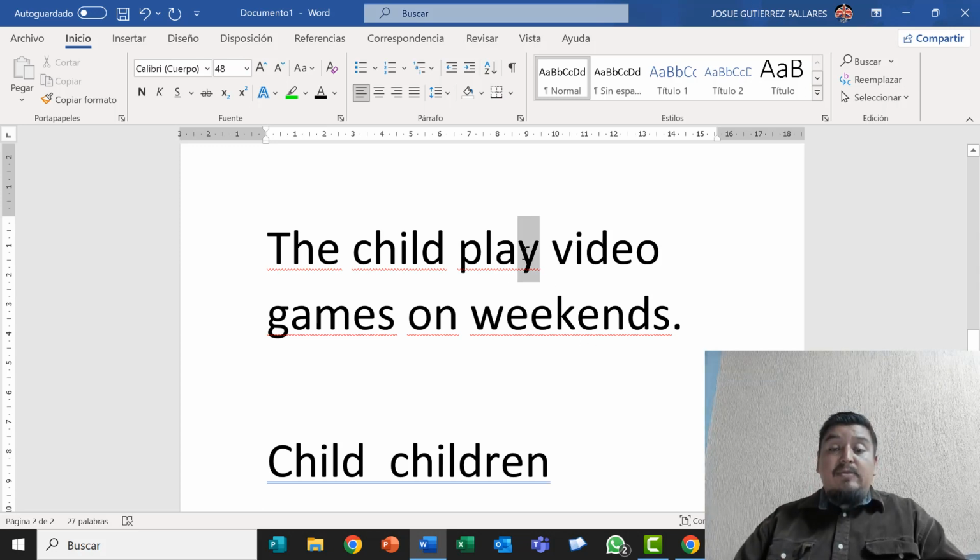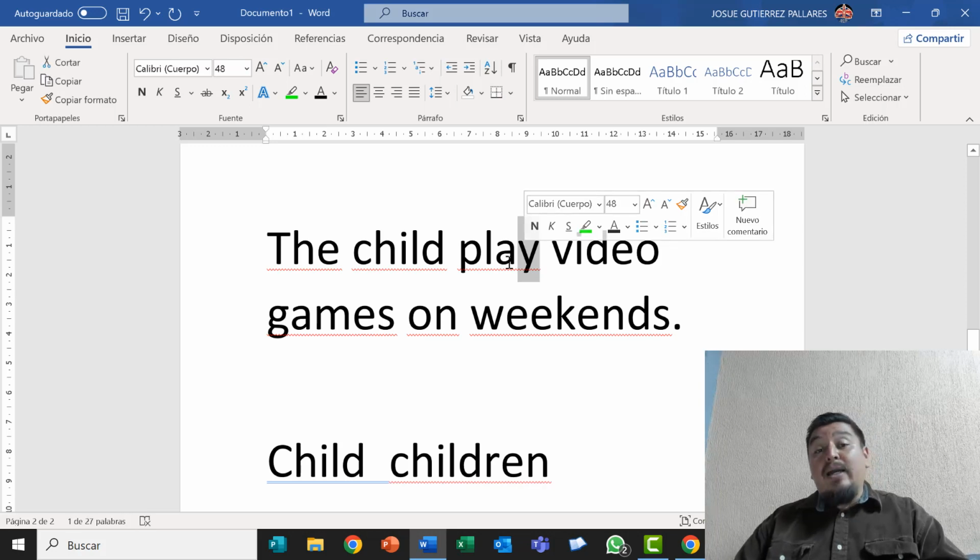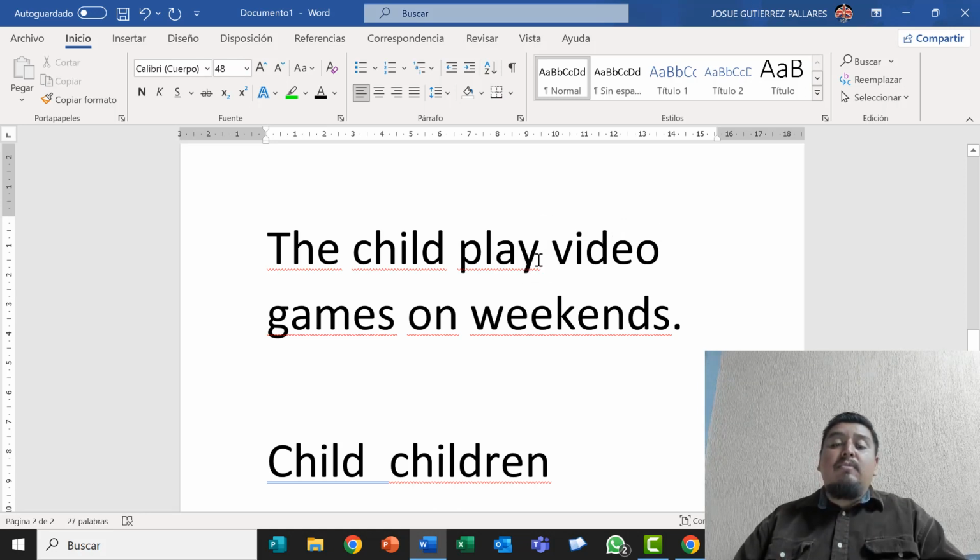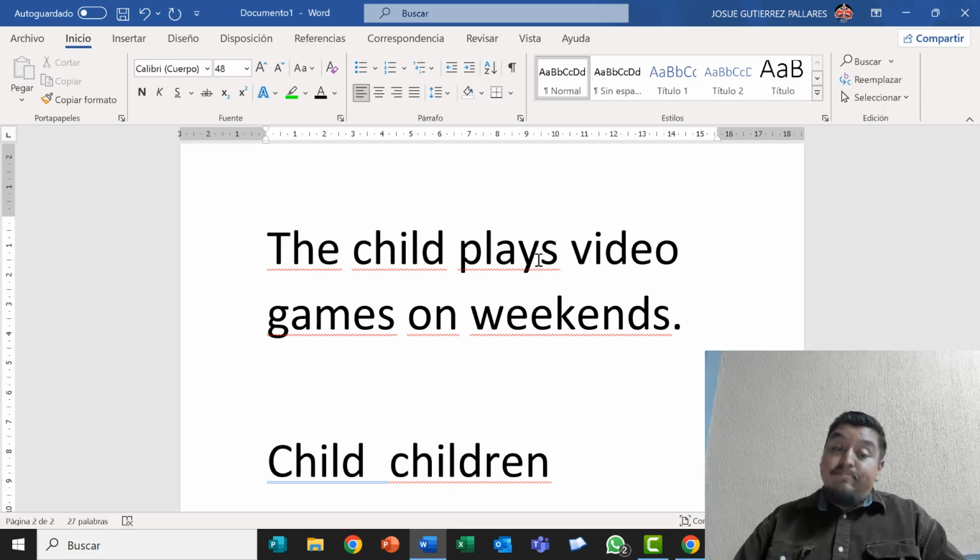Okay, yes, this is a verb with Y ending, but before the Y there's a vowel. So this is not rule number 3. No, this is not rule number 3. So what am I going to do? Simple. Rule number 1.